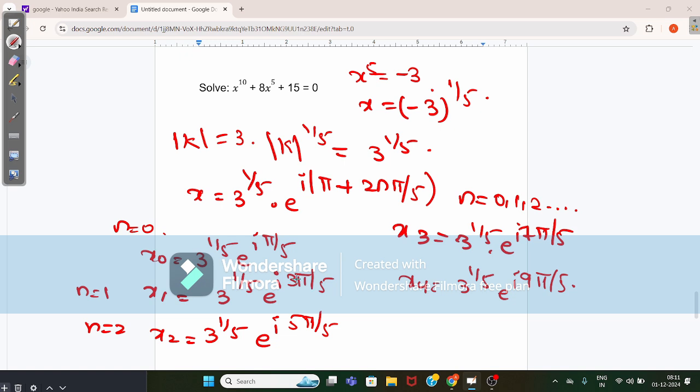Similarly, when you take x power 5 is equal to minus 5, this value becomes x power 5 is equal to minus 5 whole power 1 by 5.